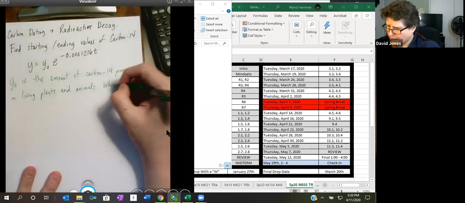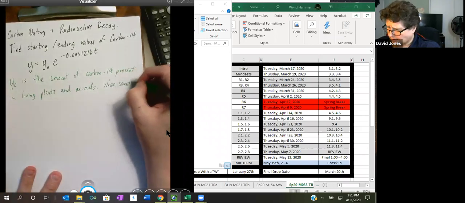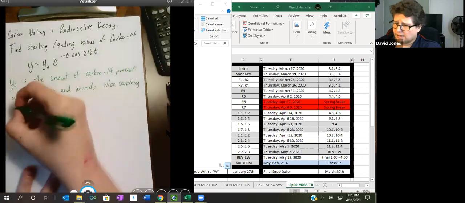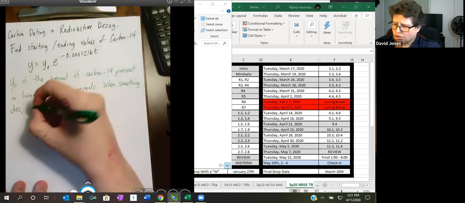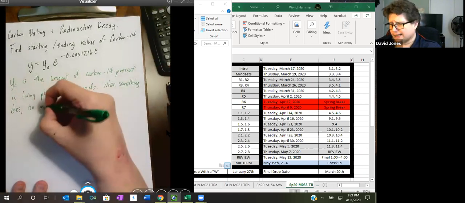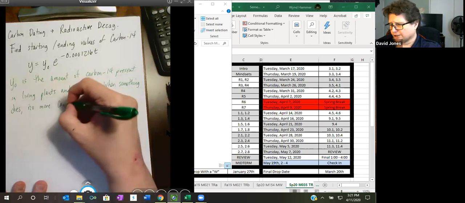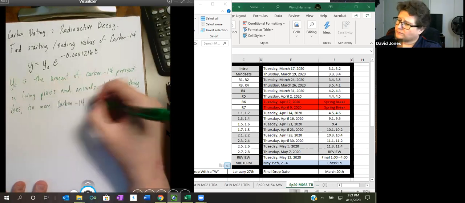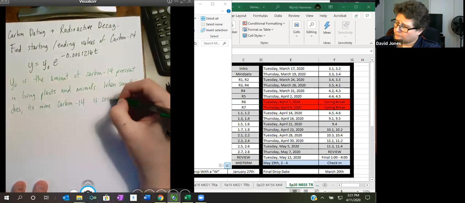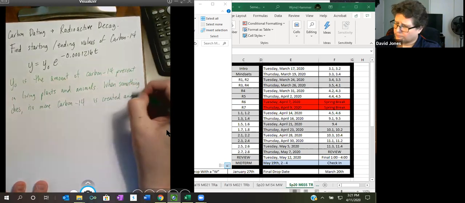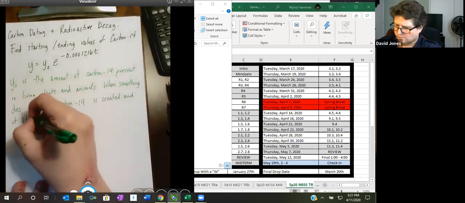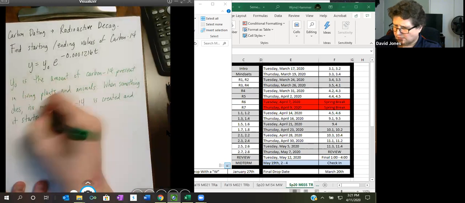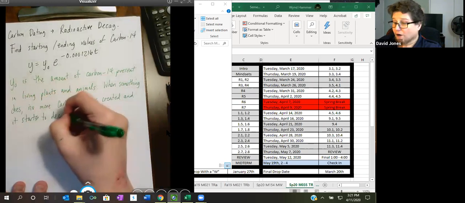When something perishes or dies, no more carbon-14 is created, and it starts decaying, following that equation.